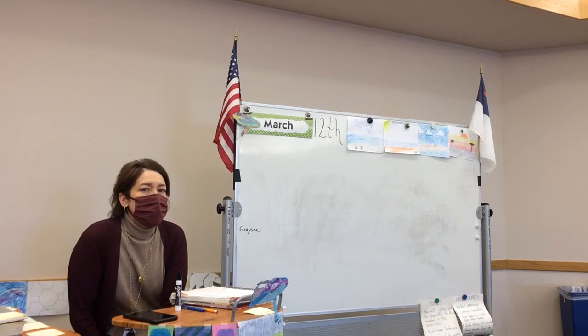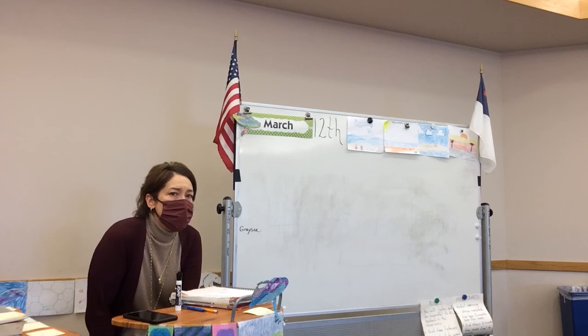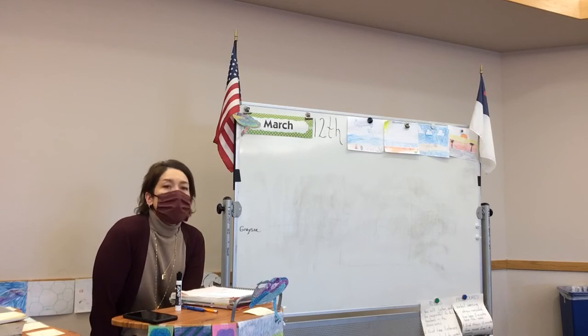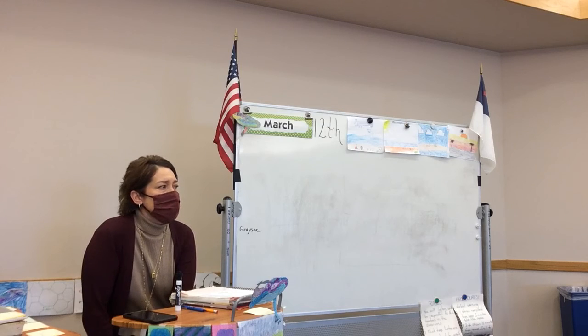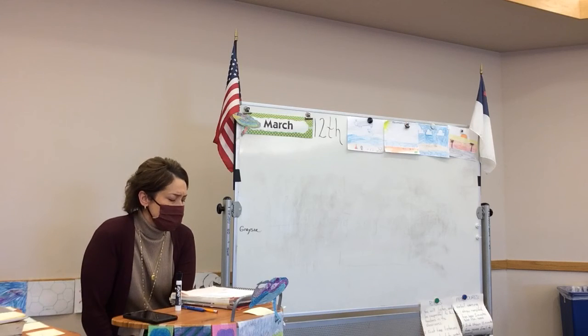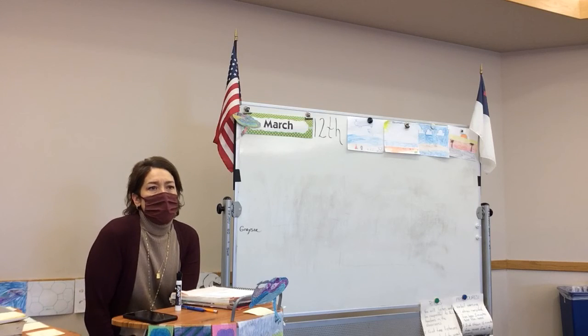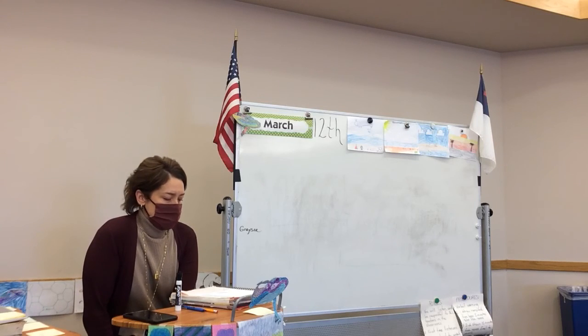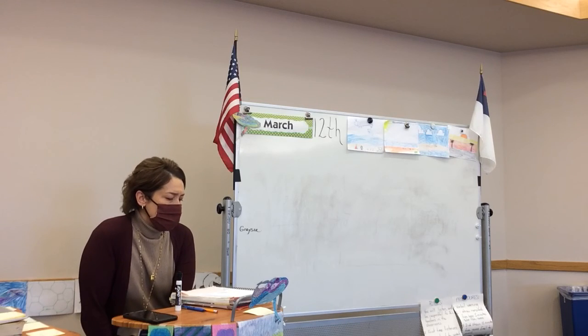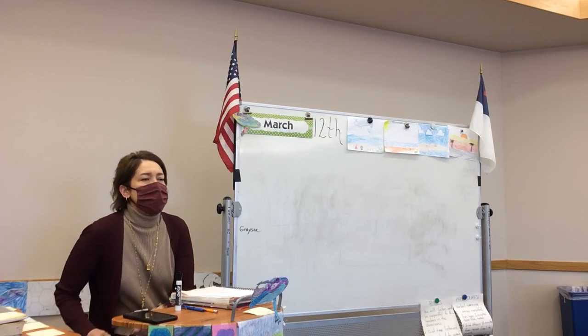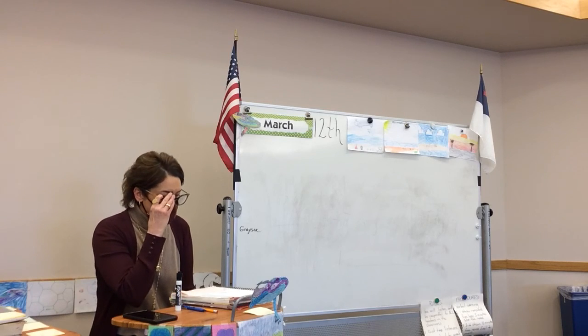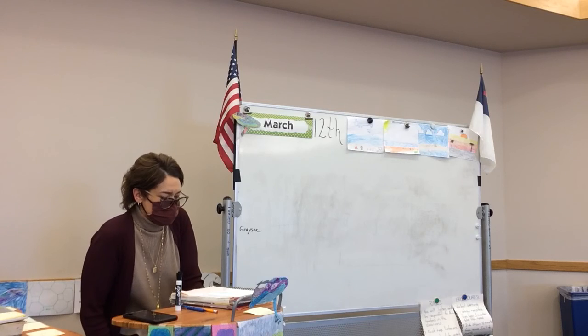Say it correctly because it does matter with division. James. 56 divided by 7. Correct. Remember with division, you have to have the big number first. So how many weeks is that? What is 56 divided by 7? Owen. 8. That is correct. The answer is 8. Very good.